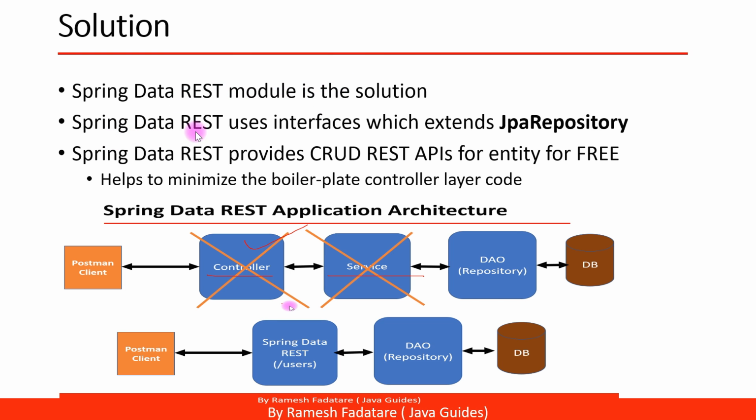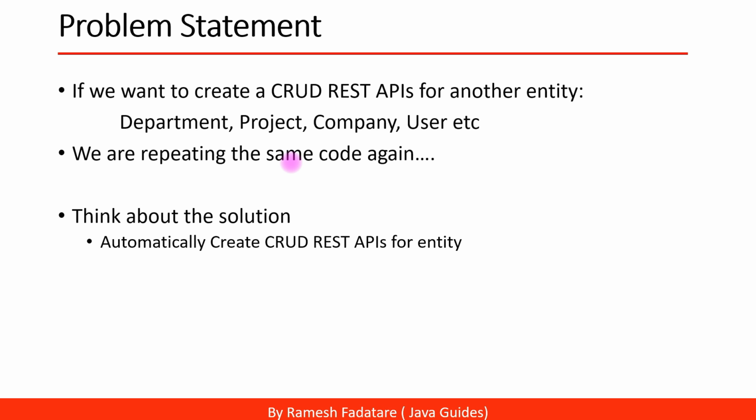So basically Spring Data REST uses interfaces which extend JpaRepository, and Spring Data REST creates CRUD REST APIs for the entity for free. Okay, so basically Spring Data REST helps to minimize the boilerplate code required for the controller layer. Alright, so I hope you understood how Spring Data REST solves the problem.